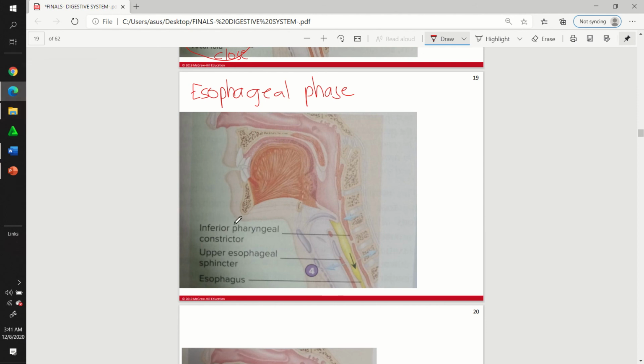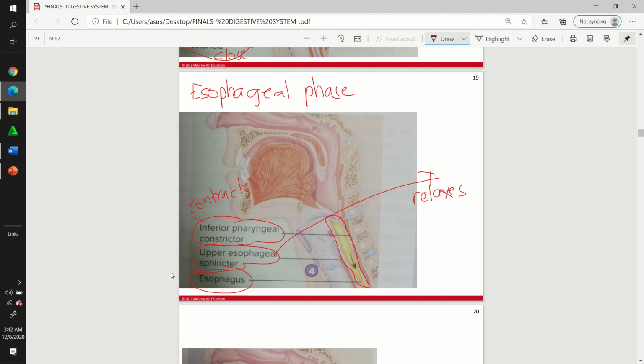So as the inferior pharyngeal constrictor contracts, the upper esophageal sphincter should what? Should relax. Why is that so? It should relax, allowing the bolus now to enter dire-diretso sa esophagus.